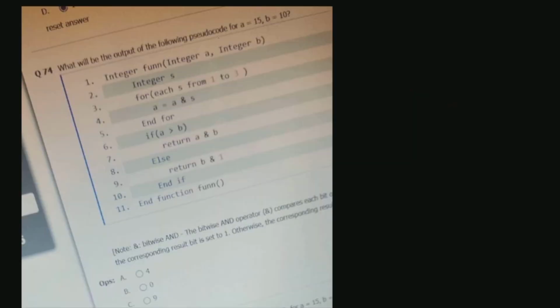Okay, what will be the output of the following pseudocode for A is 15 and B equals 10? For each s from 1 to 3, s will run for 1, 2 and 3, 3 times. A equals A and s. So again there is a bitwise AND operator used here.